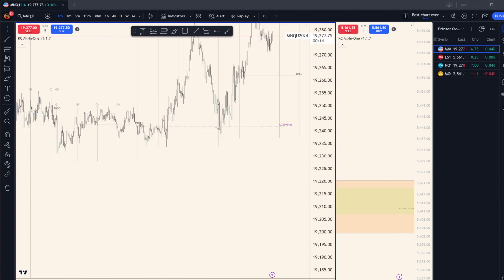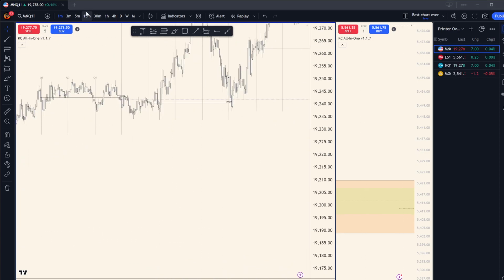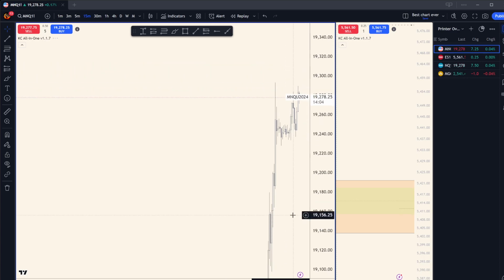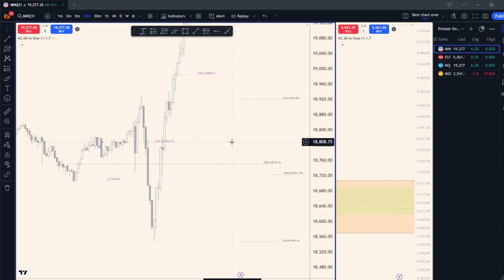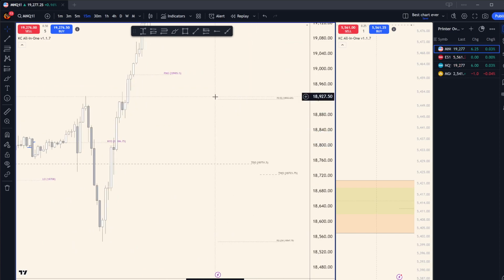Okay, let's talk about scaling out and how to have confidence to hold a trade. So, a tip for how to know to what extent to hold a trade if you're catching the bottom or the top of the market, specifically.